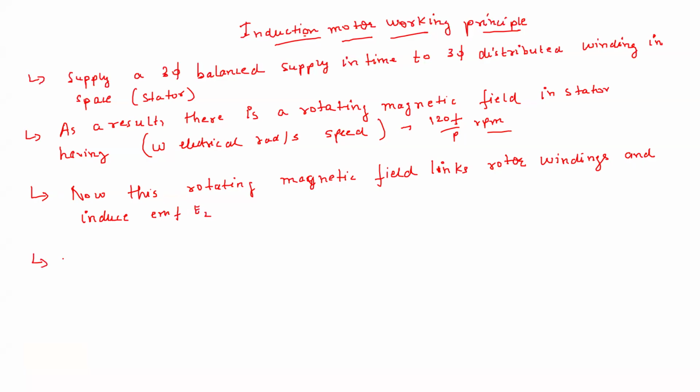As the rotor windings are short circuited, there is rotor current due to E2.